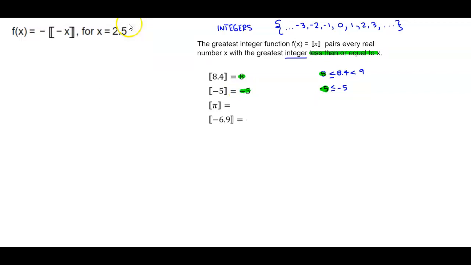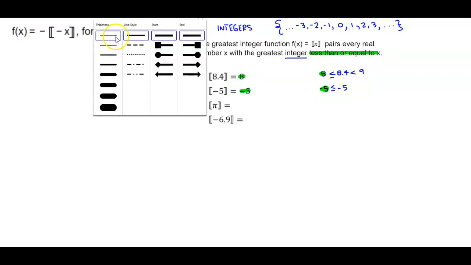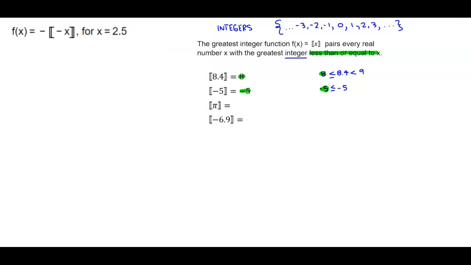Let's take a look at another scenario here. We have pi. Now remember, what does pi represent? We know it's 3.14, and I'm just going to leave it as 3.14, but it can go on and on. So 3.14 is in between what two numbers?